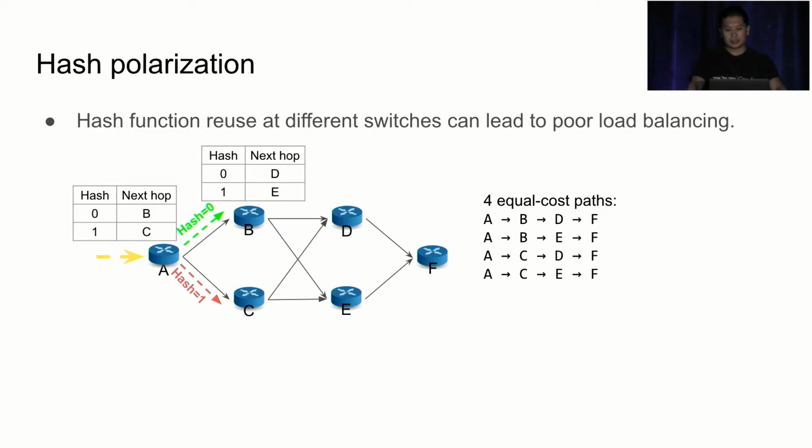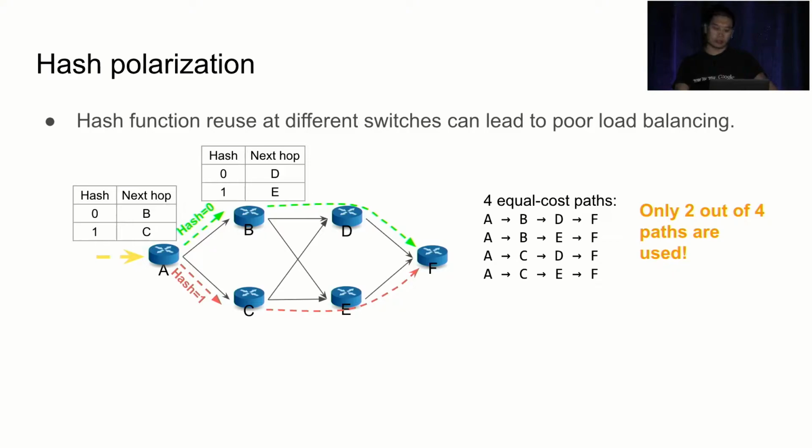The problem is then you will only use next hop D because all that green traffic coming into B has hash value 0. And if you're using the same hash function at B, you will not hit E at all. So this is a problem because only 2 out of your 4 paths are used.